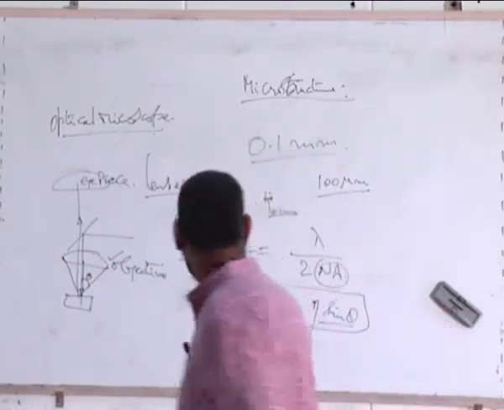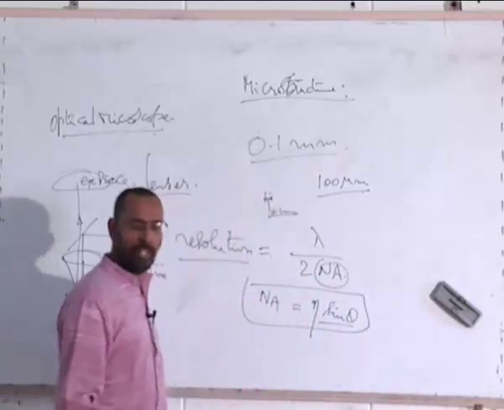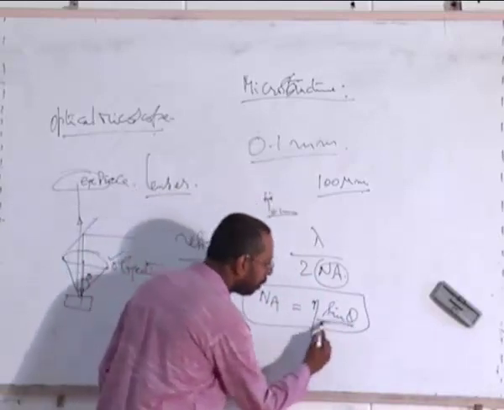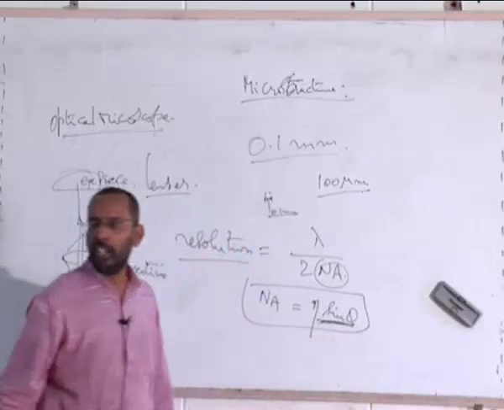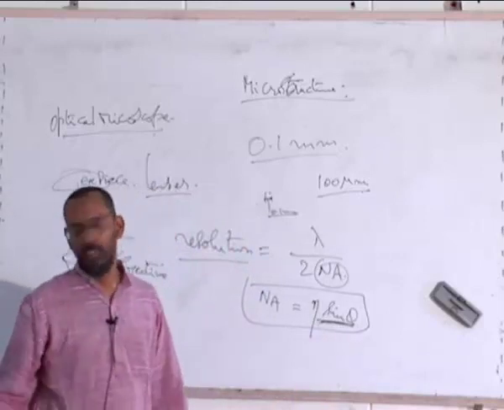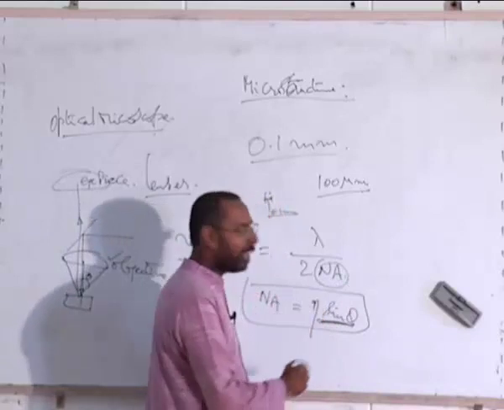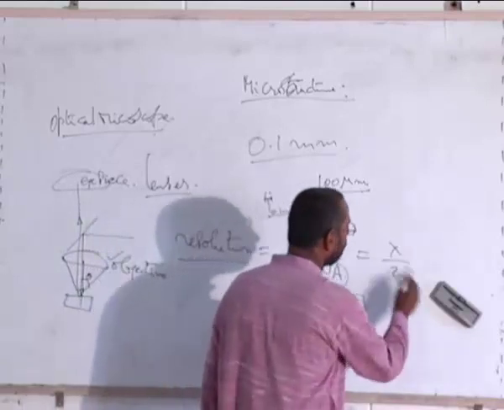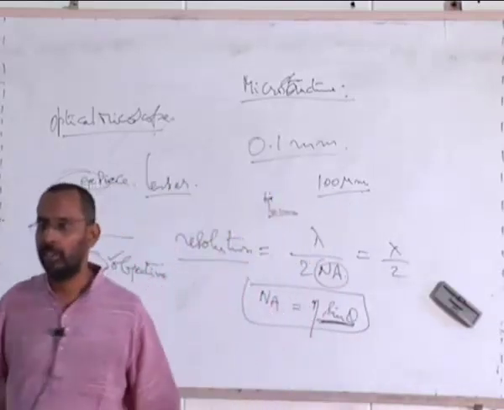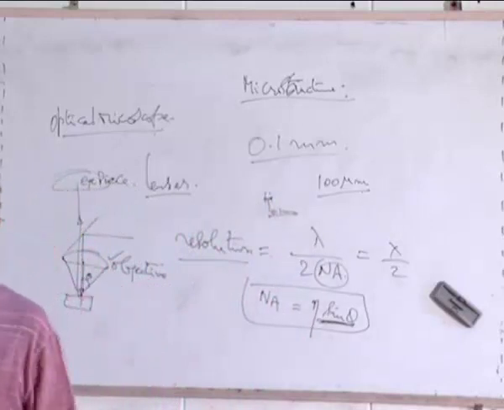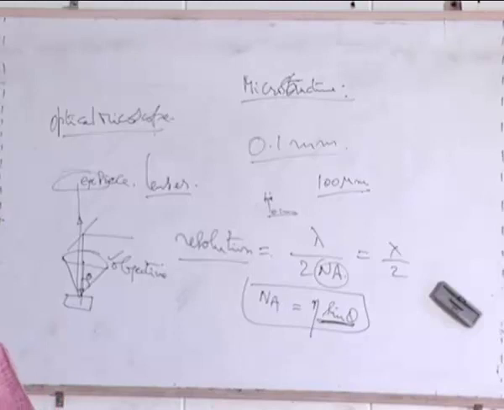If I take the maximum value of sin theta as 1, and the refractive index of air as 1, then this turns out to be lambda by 2.